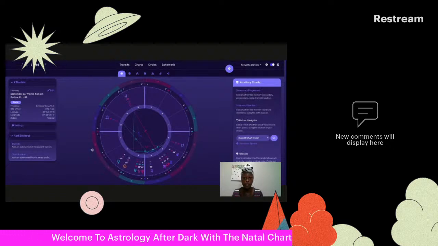Okay. And so like I was saying, 12 houses, and then there's one sign on each house. Okay. And then you have your planetary placements. Okay. Now there's a lot of different placements. Okay. But these are just the major placements here that I have pulled up on this chart.